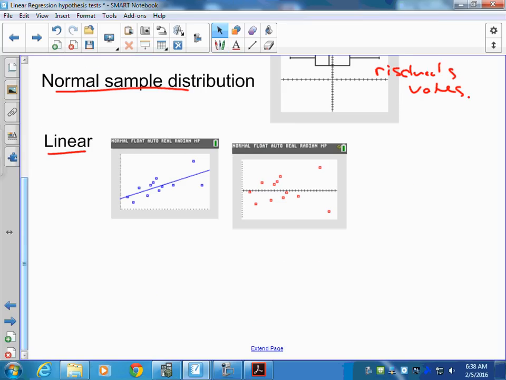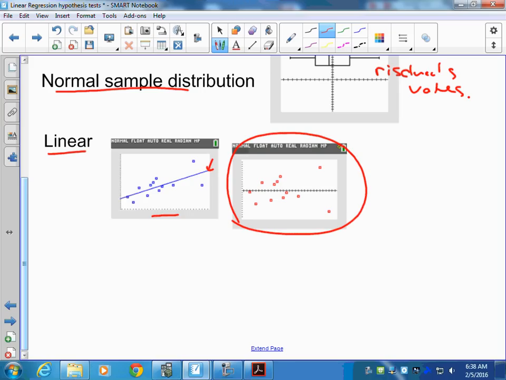To prove linearity, just like in our last unit on linear regression, we need to show the original data plot. It's helpful to include the least squares regression line as part of this graph. And then we need the residual plot.